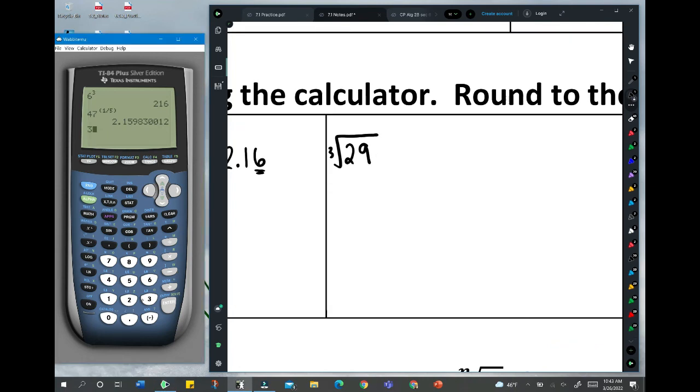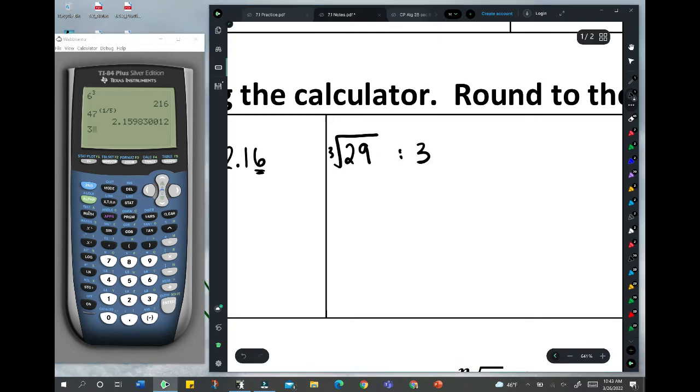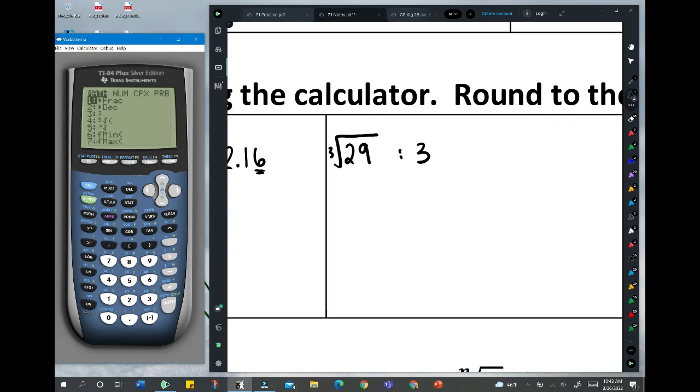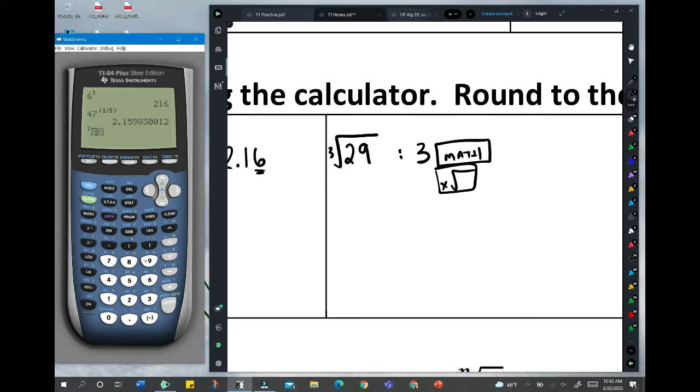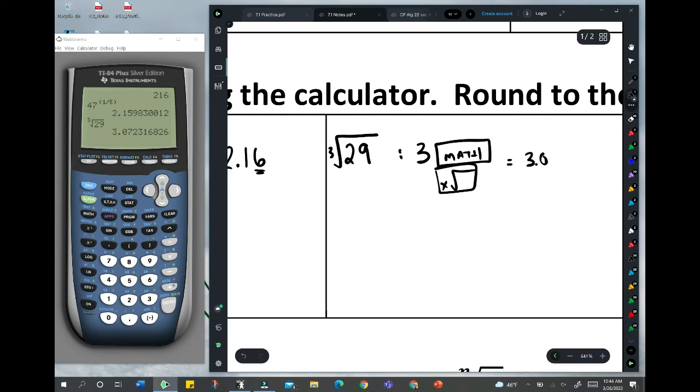If we type 3 into your calculator, and we go to math, and there is a cubic root one, but we go to 5, so 3, and then the math button, and then the x root, that is going to make your cubic root. Then we could type in 29. Okay, so that will give you 3.07. Again, you could also have typed in 29 to the 1/3, and you should get the same thing.